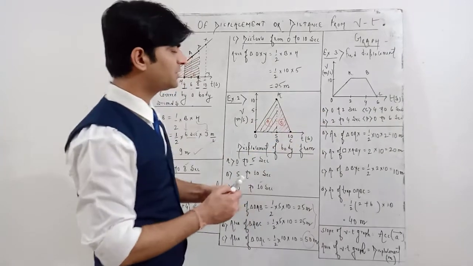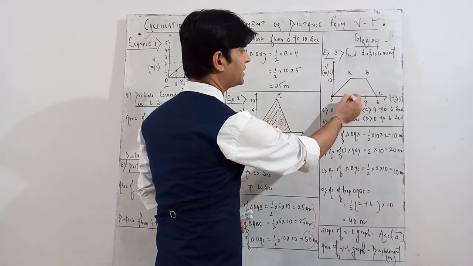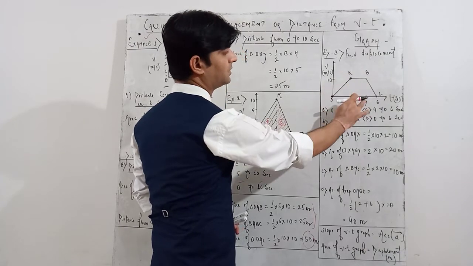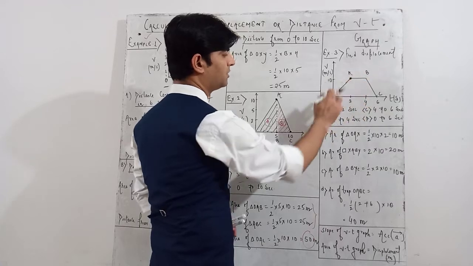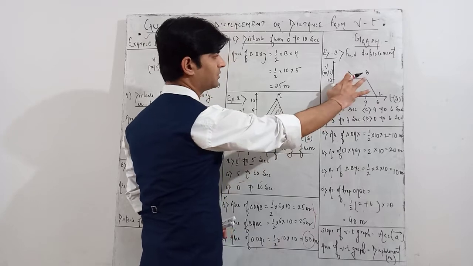0 to 2 seconds: 0 is this point, and at 2 seconds you get this point. So this portion of the graph, from 0 to 2 seconds, is this graph.